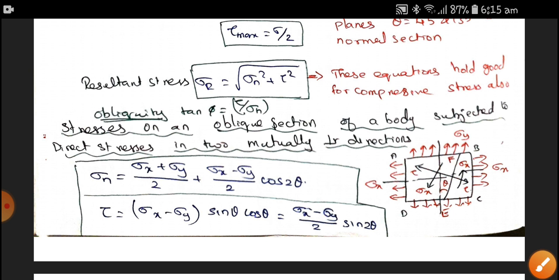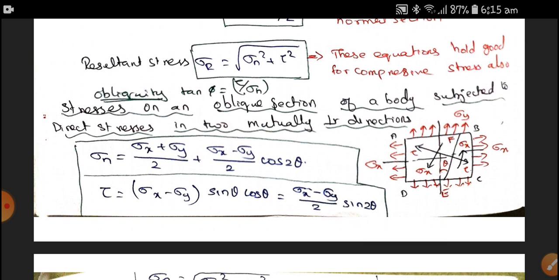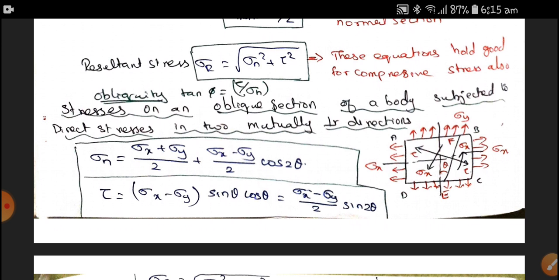We know that the normal stress is equal to force by area of the oblique plane. After simplifying, sigma n is equal to sigma x plus sigma y by 2 plus sigma x minus sigma y by 2 cos 2 theta, and shear stress tau is equal to sigma x minus sigma y times sine theta cos theta. That is, sine theta into cos theta is equal to sine 2 theta by 2.